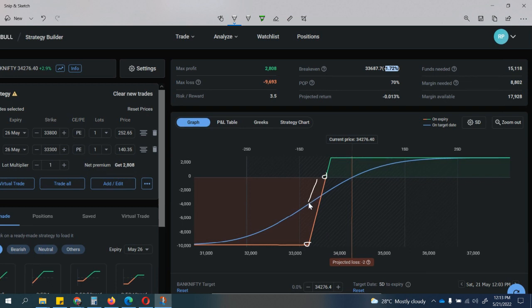Let's say you have a 2,000 loss here, then here it will be like 2,500. As and when the market keeps moving, the loss will increase, but from this point, if the market keeps going, this will be your maximum loss area. Pause the video and try to play around with the options if you're not able to understand.